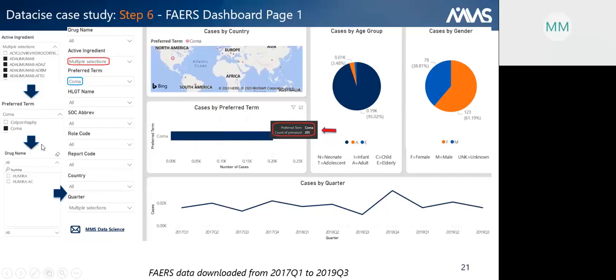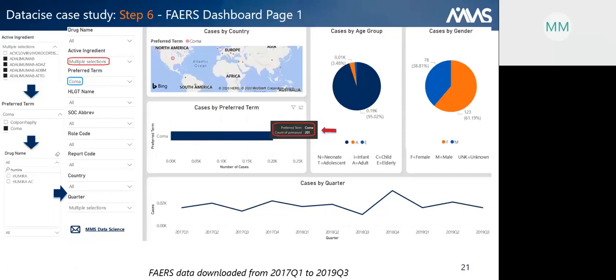And the right graph says that actually we have 201 comas reported for Humira in the FAERS database from Q1 2017 to Q3 2019, because it is only that amount of data that was downloaded by us for this PHUSE challenge.